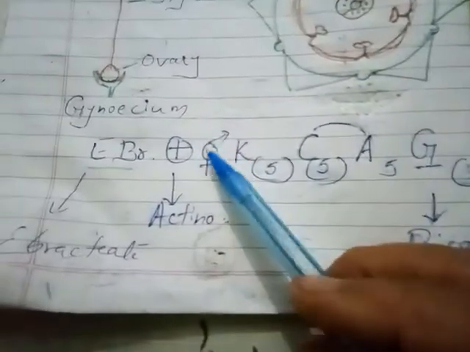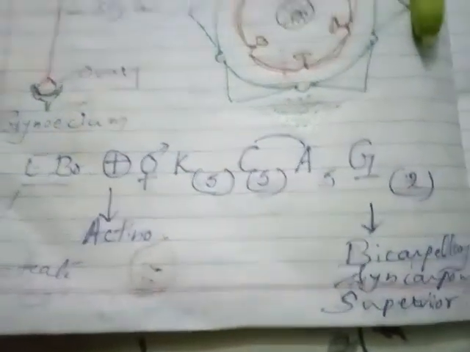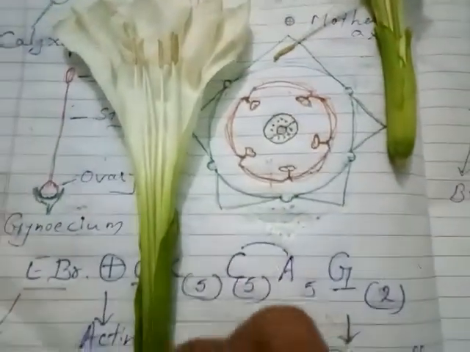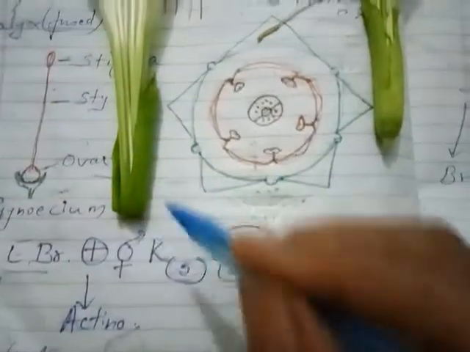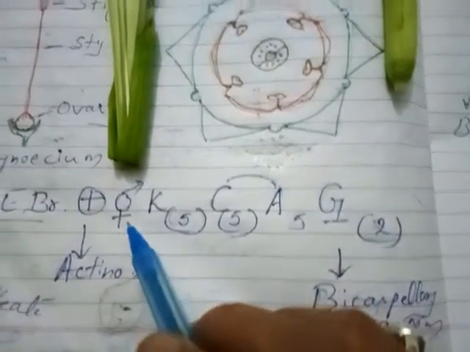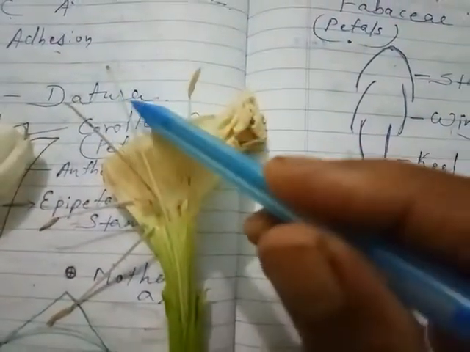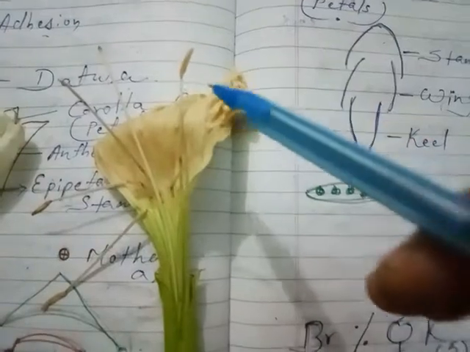Then actinomorphic, we can divide it into equal halves in the radial plane. Then it is bisexual, both parts, carpel and stamen, are present. Here you can see this one is the carpel and these are the stamens, so it is a bisexual flower.